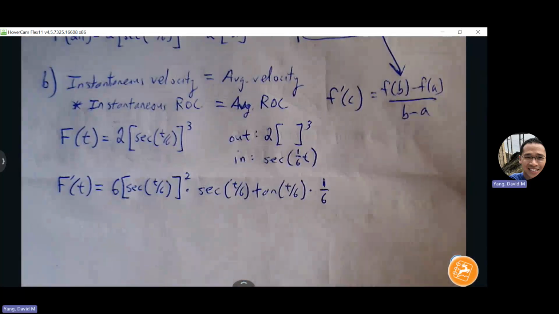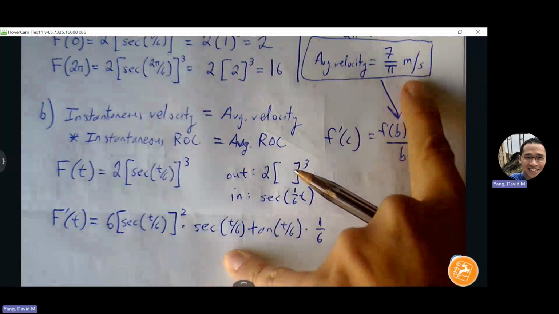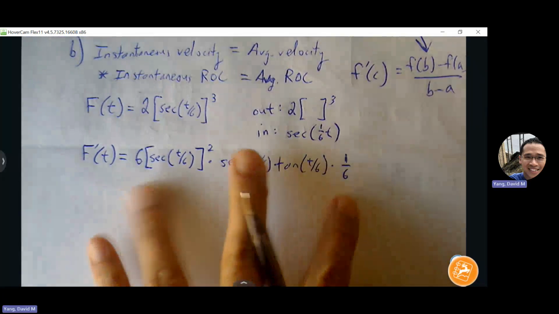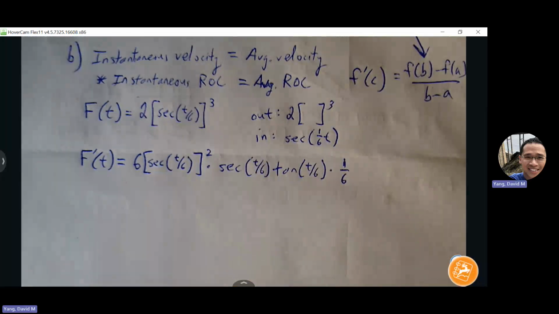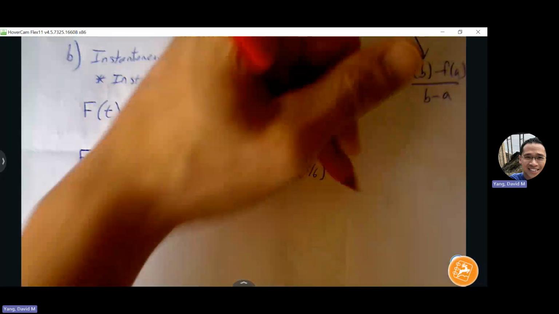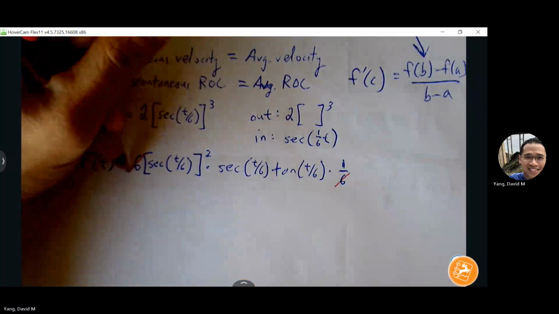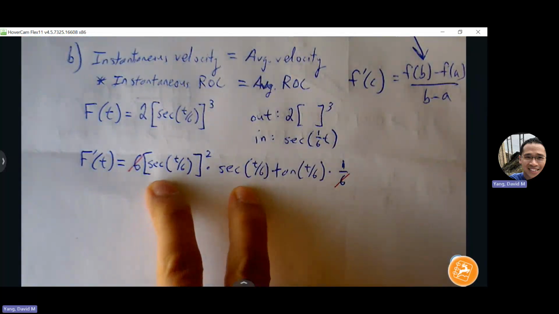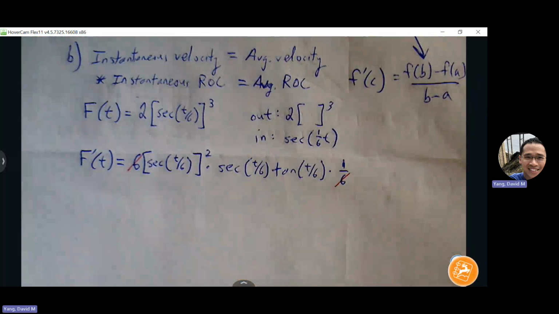All right, basically we're just going to set these equal to each other, this equal to 7 over pi. I'm going to do a little bit of cleanup here. Looks like the 6 and 1/6 can cancel out. These are the same things. I can merge it into secant cubed.